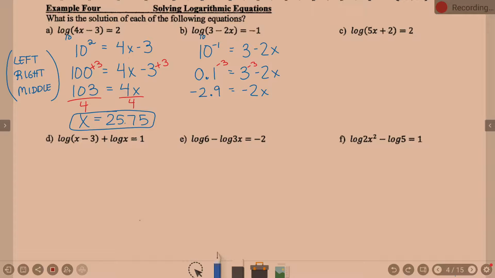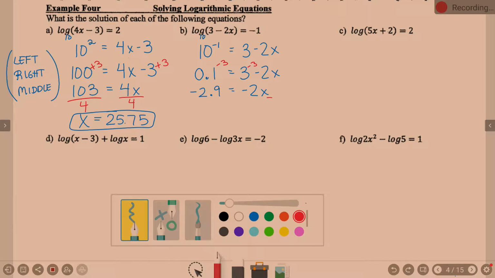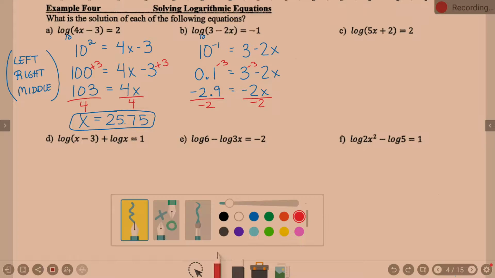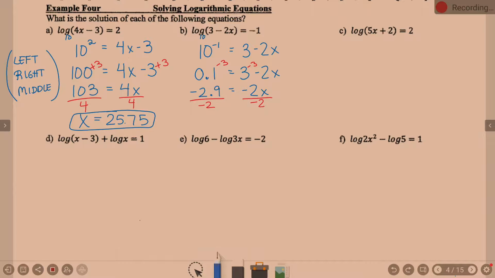So negative 2.9 equals negative 2x. If I want to get x by itself, we're going to divide by negative 2. Negative 2.9 divided by negative 2 is 1.45.